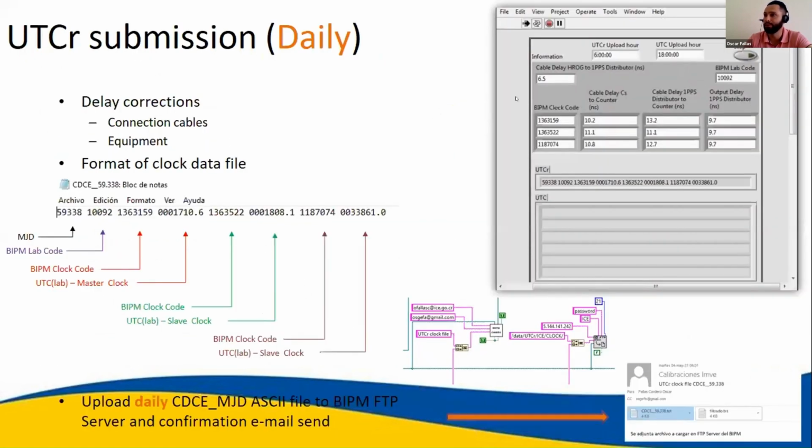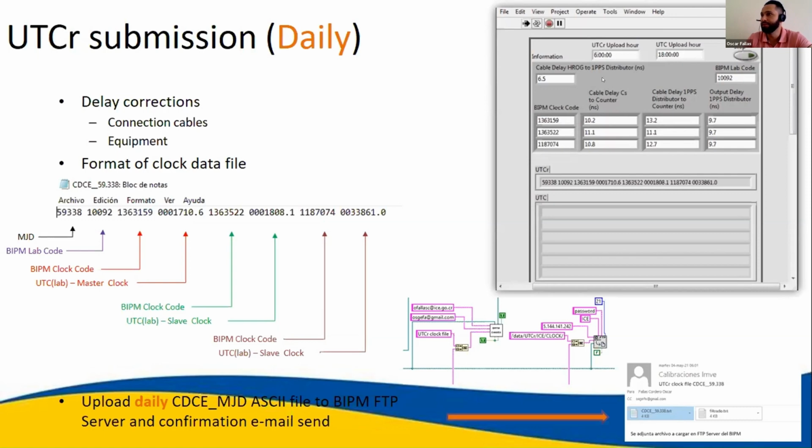How? Well, there is another software running in the same computer, but independently, to avoid problems with the measurement and the process. What this program does is consider all the delay corrections needed to get the final difference between the UTC and the clocks.